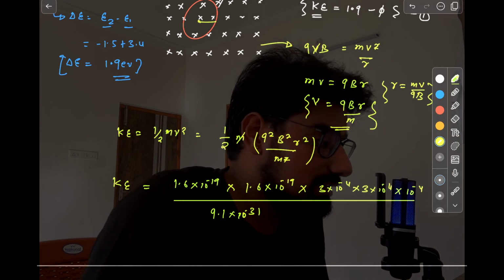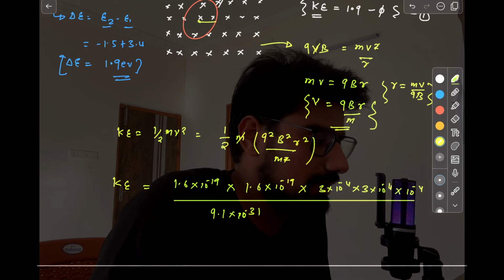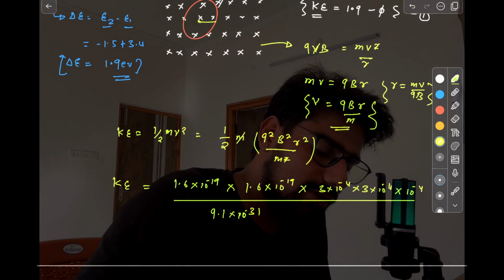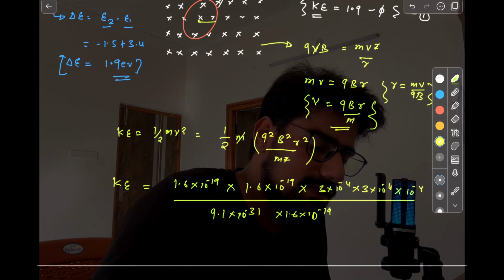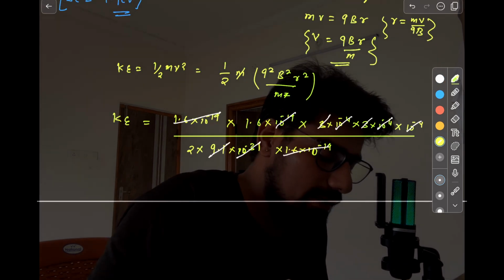Now the problem with this kinetic energy is that it is in joules. So if you divide the joule by the charge of electron, then we will get the kinetic energy in electron volts. So let's divide it by 1.6 multiplied by 10 to the power minus 19. Now there is just mathematical calculation, so I am going to do that. Okay, after the calculation, the kinetic energy is 0.8 electron volt.